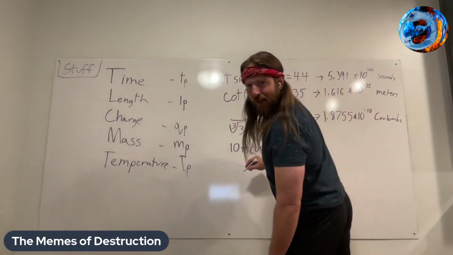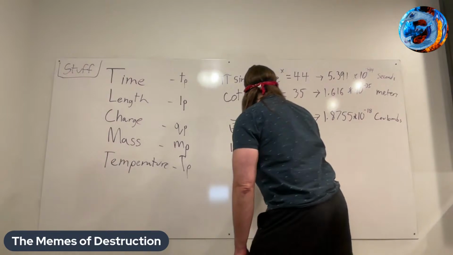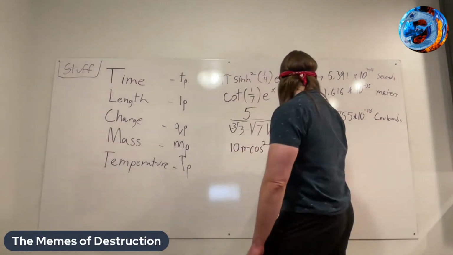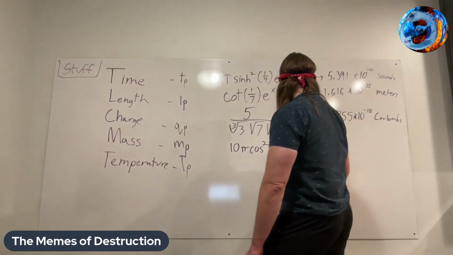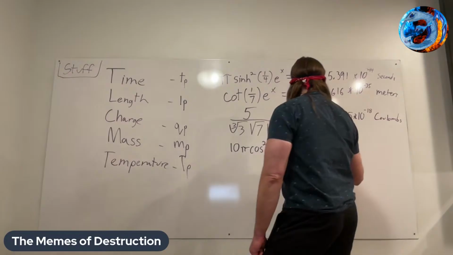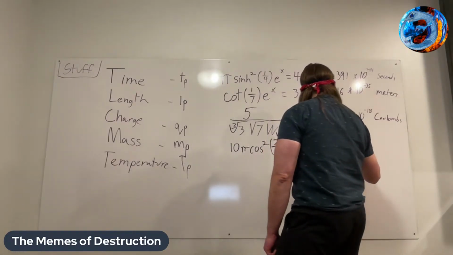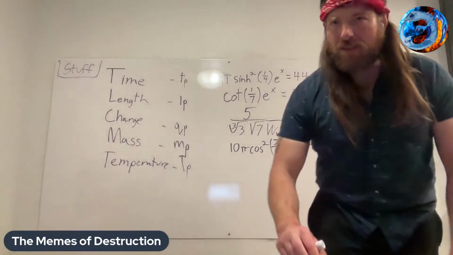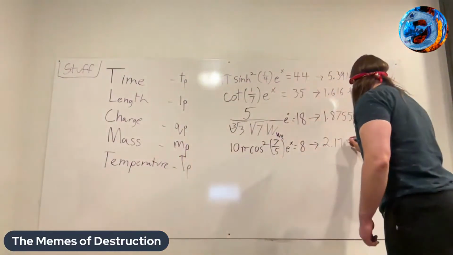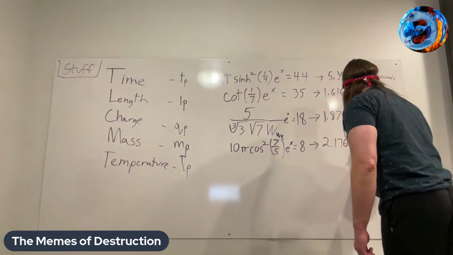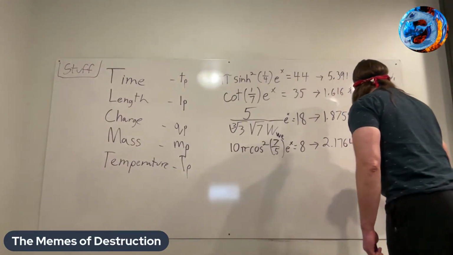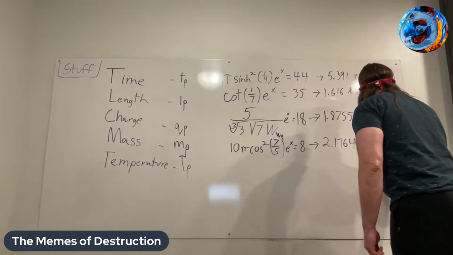All right, it's cosine 7 over 5, over 5 e to the x, solving for x. This is of a magnitude 8. That should give us 2.1764 times 10 to the negative 8 kilograms.